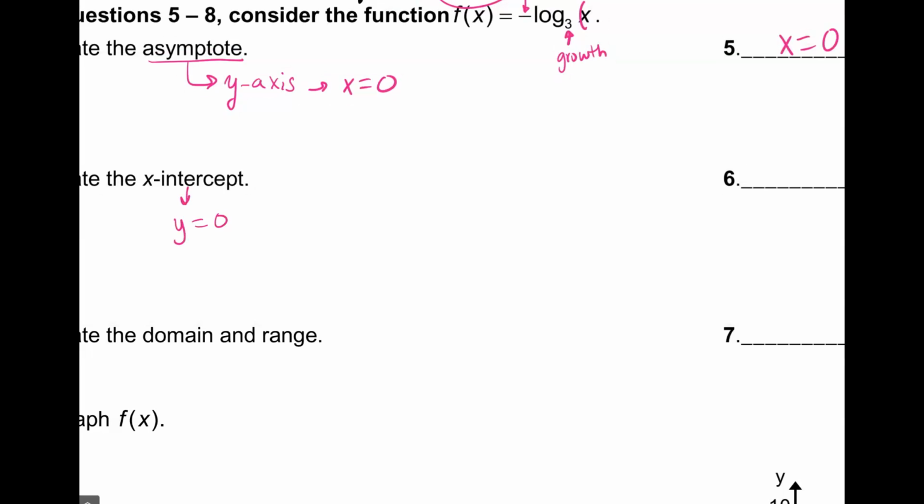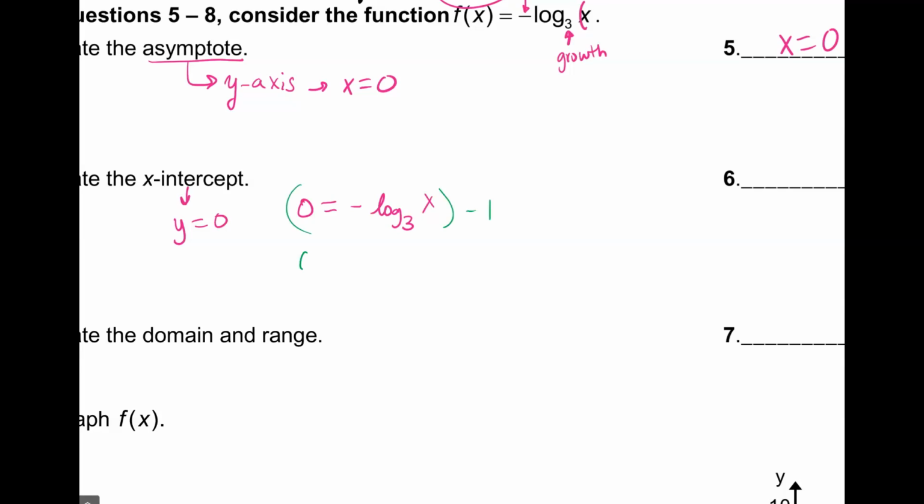Now the x-intercept, this is when y is equal to 0. So what I have to do is put in 0 for y, and that's just going to be equal to negative log base 3 of x. Oh man, we got to solve for x. Do we know how to do this? So first, got this negative here. What happens if I multiply both sides by negative 1?